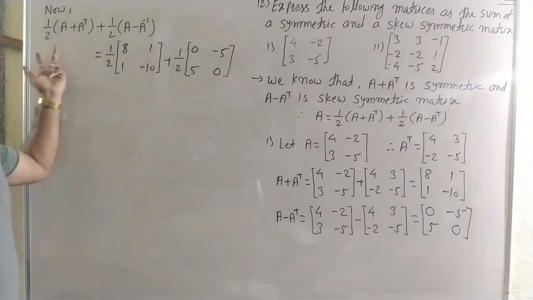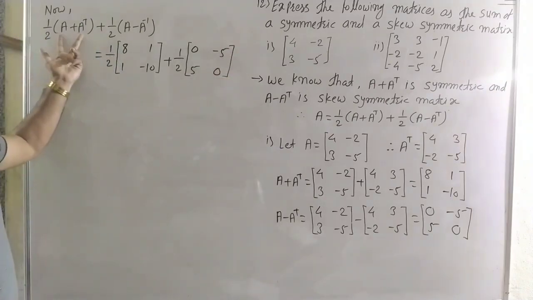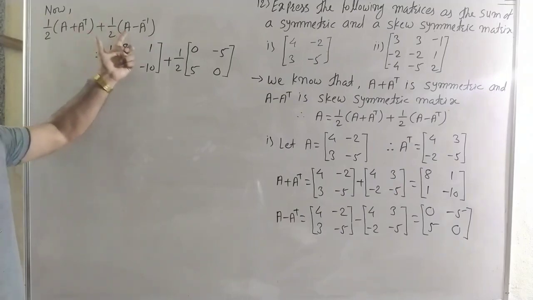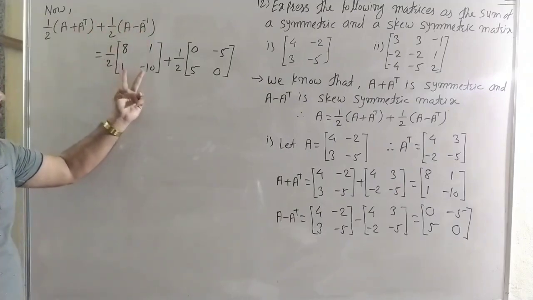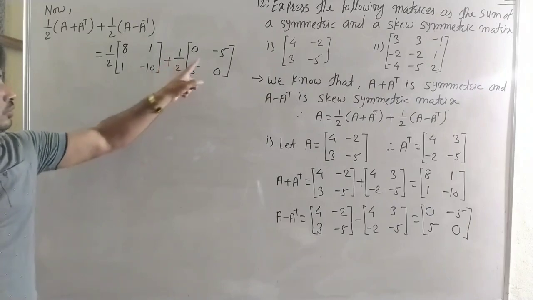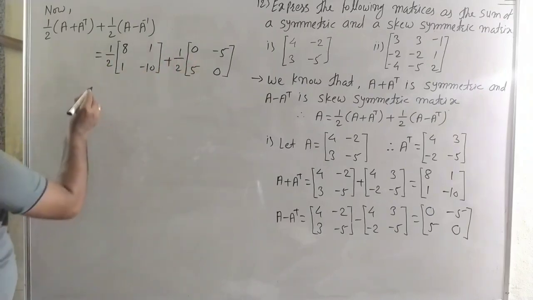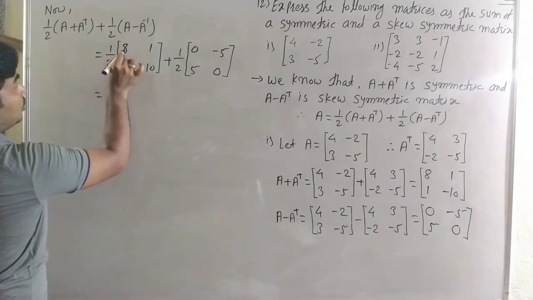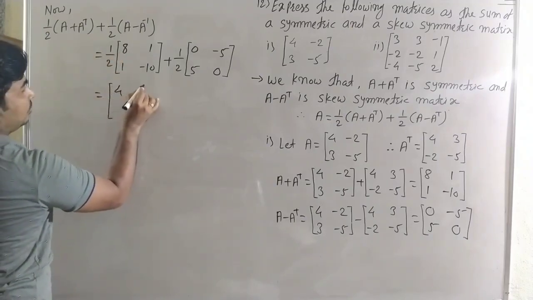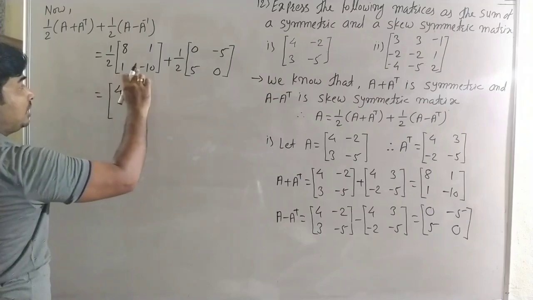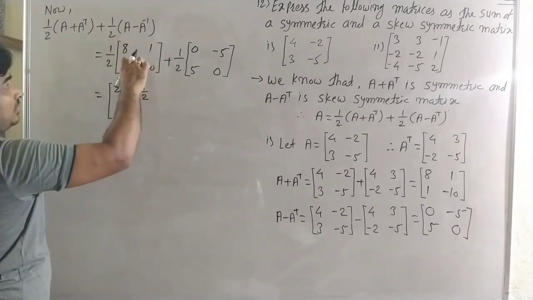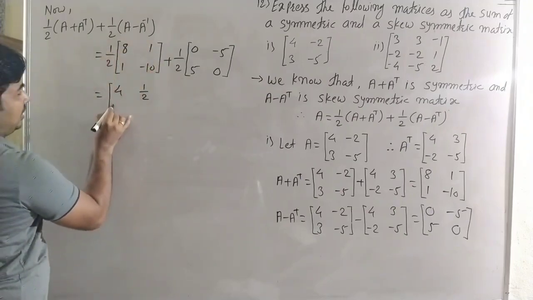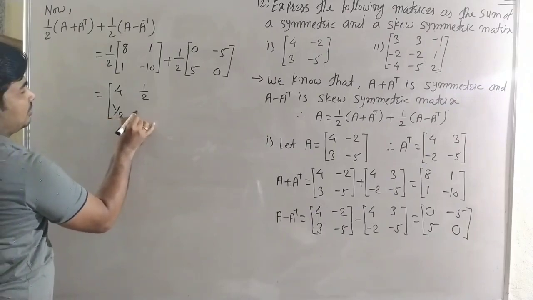Then these two matrices become: 1/2 into 8 is 4, and you multiply all the elements in the matrix by 1/2, then again it is 1/2, and here it is -5.